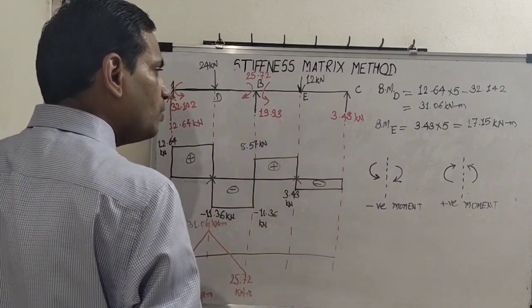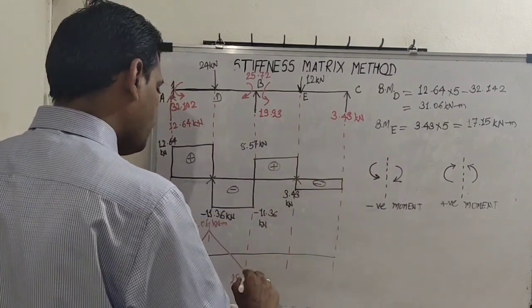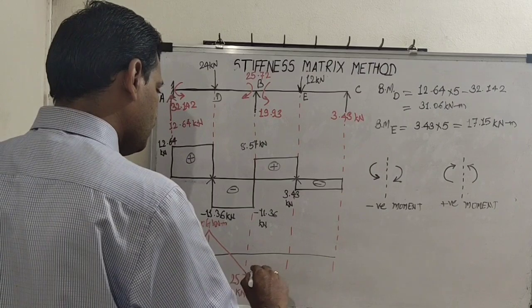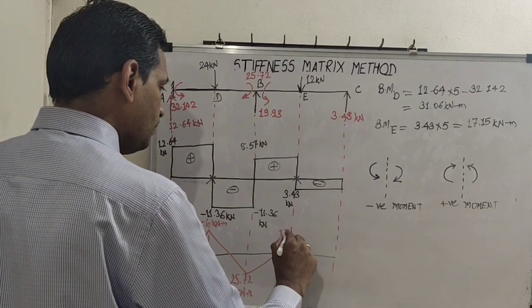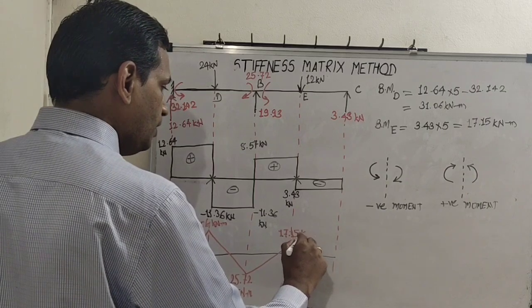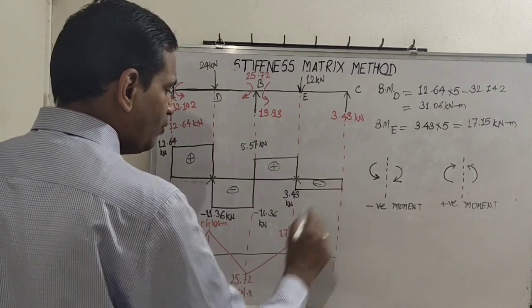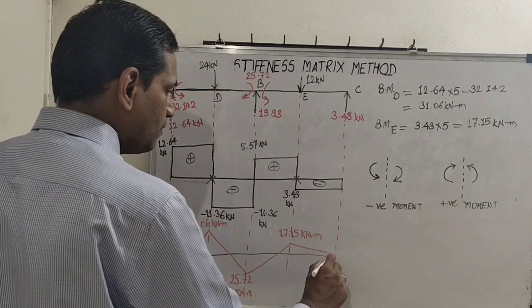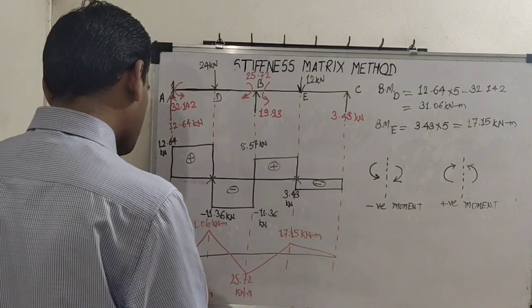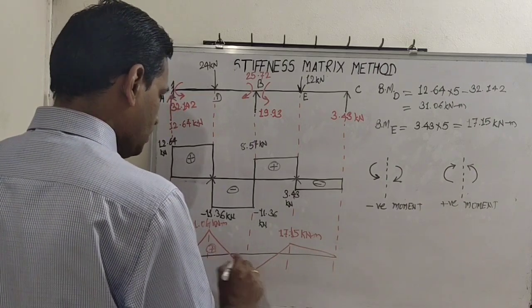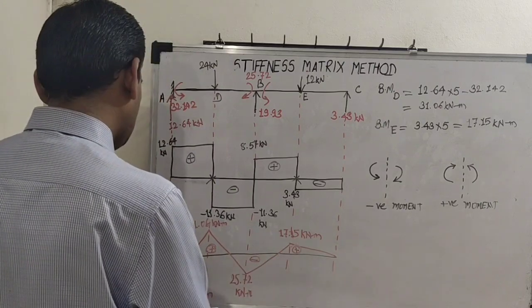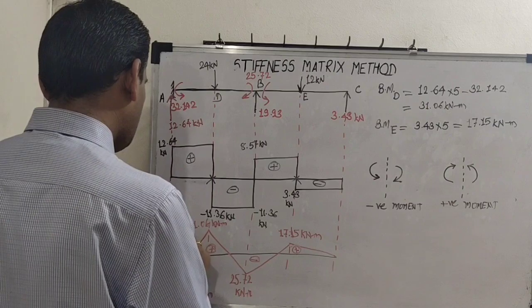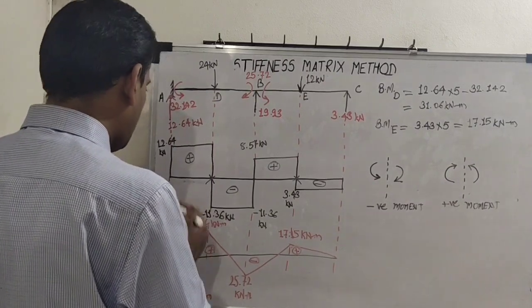Then bending moment on E, 17.15 kilonewton meter. Bending moment on C, 0. So this is minus, plus, minus, plus. This is BMD and this is SFD.